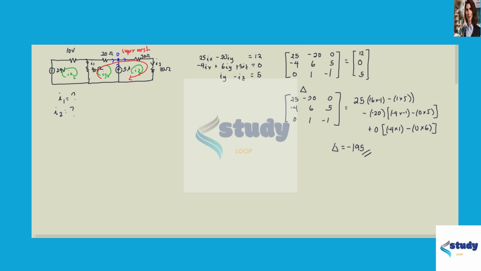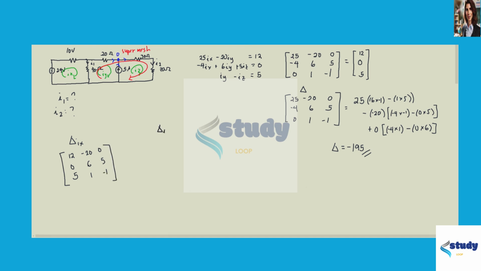Now to get delta Ix, we just substitute the values in the first column as 12, 0, 5, and then copy the rest of the columns of the matrix as such. Negative 1.